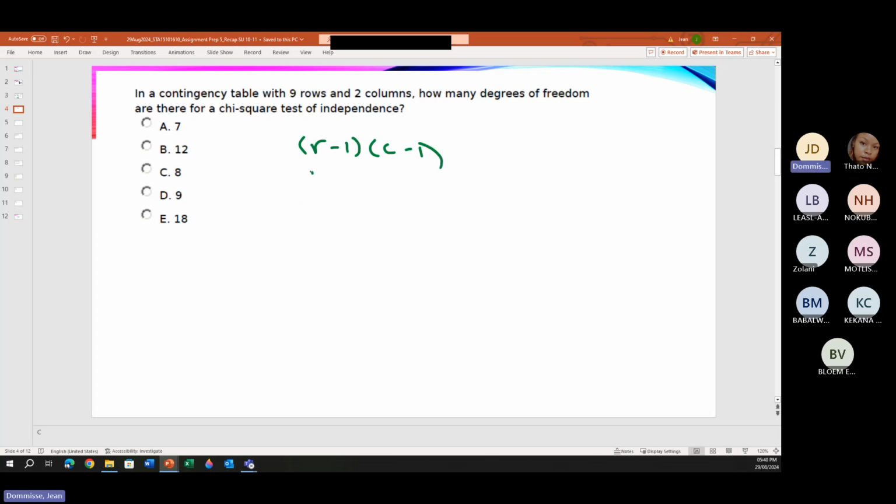So rows is 9 minus 1, columns is 2, so 2 minus 1. So we get 8 times 1, which gives us 8. Okay, so it is that option.